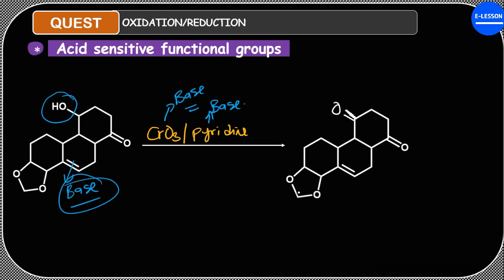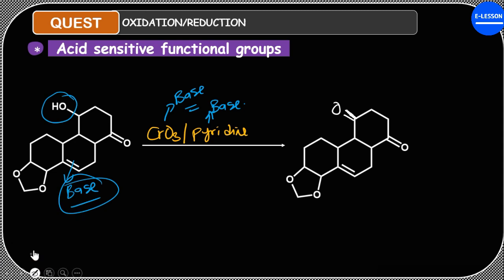Is that okay? So that is basically the use of oxidizing agents, some that are acid sensitive and others that are not acid sensitive. So if you are given a choice of compounds, like let us say you are given an exam, and they say which of the following can be used to oxidize this without affecting the double bond, you know that you can use chromium trioxide. Take note.